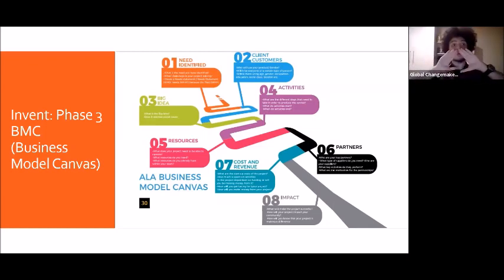If my main idea is to make a website, I need to think about many aspects of implementing that website. And how this happens is through the BMC. Basically, put your idea or your offering of the product in the middle.